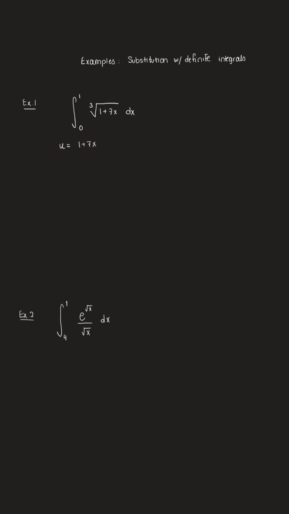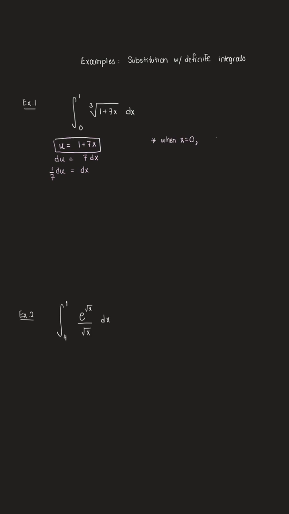And since we're going to transform our integral to be in terms of u, we also need the differential du, which will be 7 dx. And that tells us then that dx is 1/7 times du. Now I'm going to go ahead and transform the limits of integration to be in terms of u. So when x is 0, well, this is the relationship between x and u.